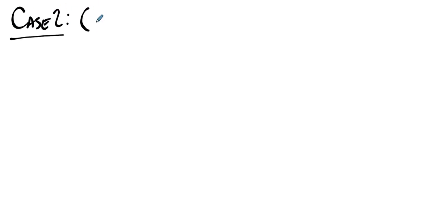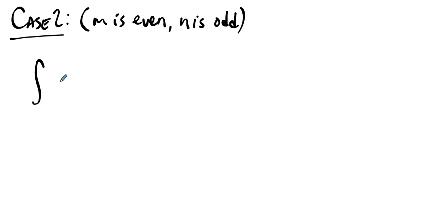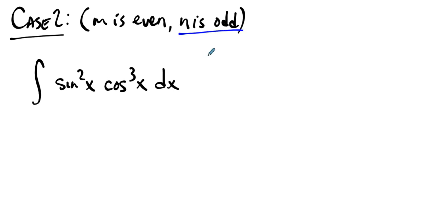What happens if m is even and n is odd? What happens in that scenario? That's this. Sine squared x cosine cubed x dx. So this is a scenario where n is odd, and the technique is that we break off a cosine x.